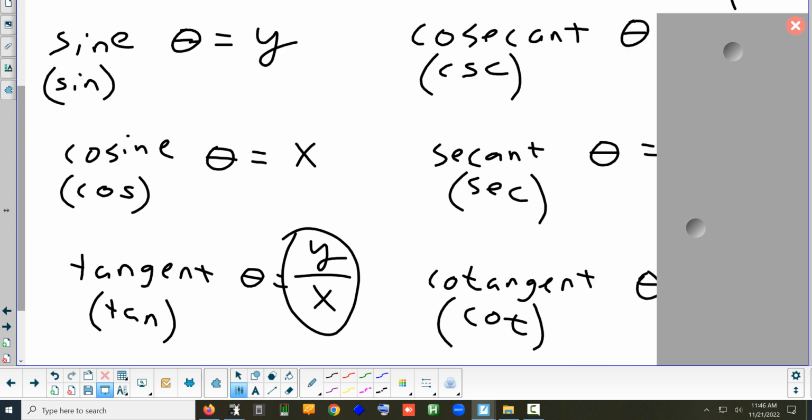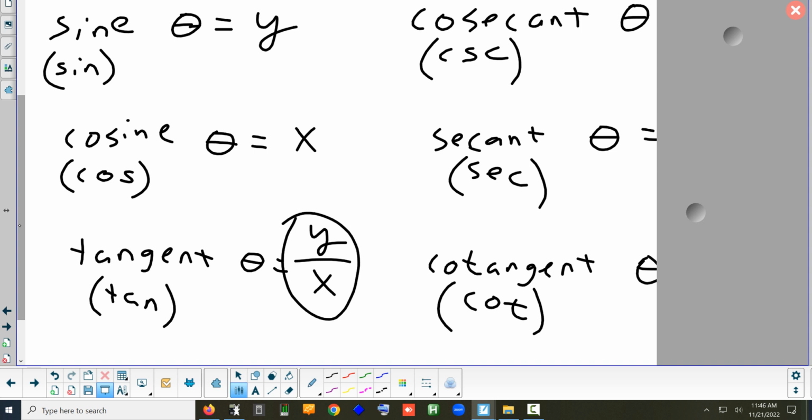And those are the other three: cosecant, secant, and cotangent. I paired them up for a certain reason. I want cosecant next to sine, cosine next to secant, and cotangent next to tangent, because there's a connection between them.